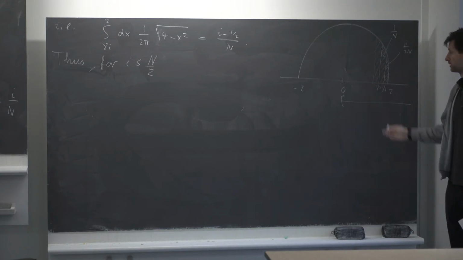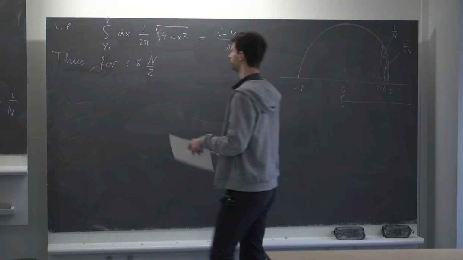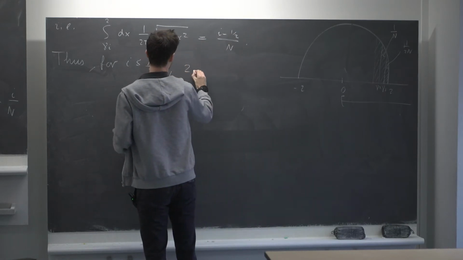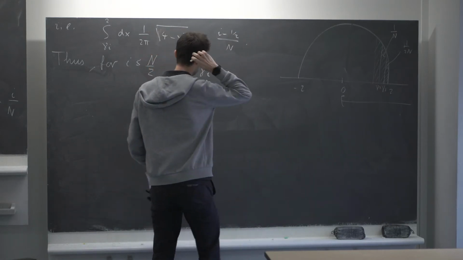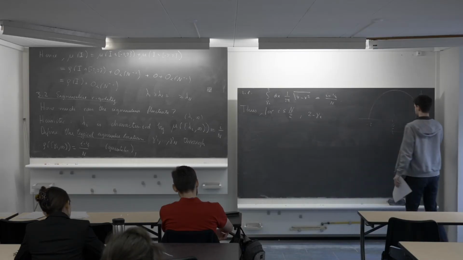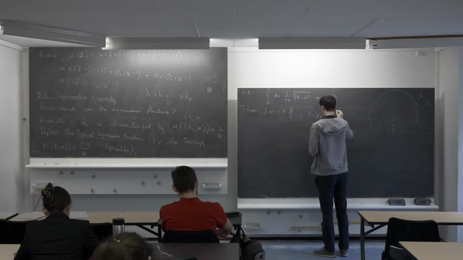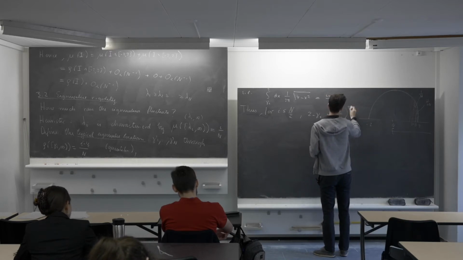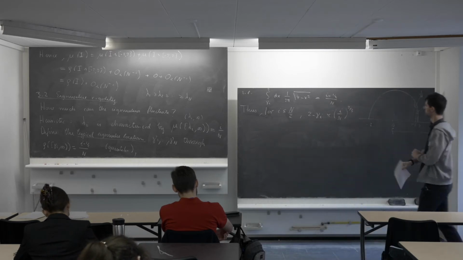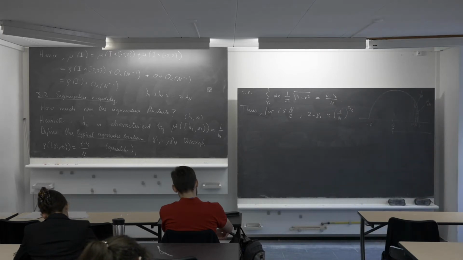The ones on the left are exactly the same. These guys are all, of course, less than or equal to 2, and the distance to 2 is given asymptotically by i over n to the 2/3. This is just an easy exercise that you'd get by integrating the square root function.